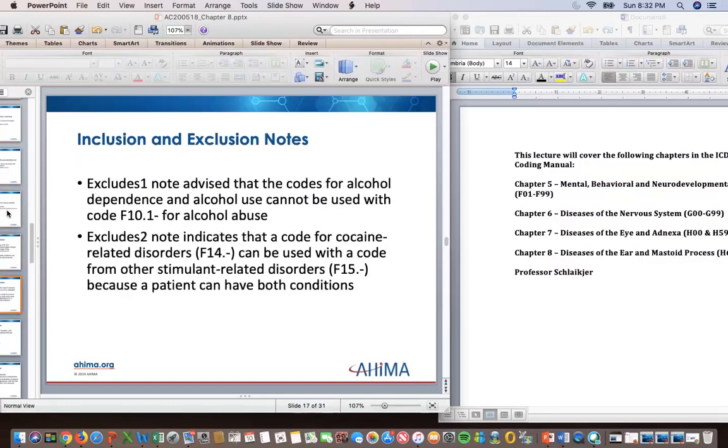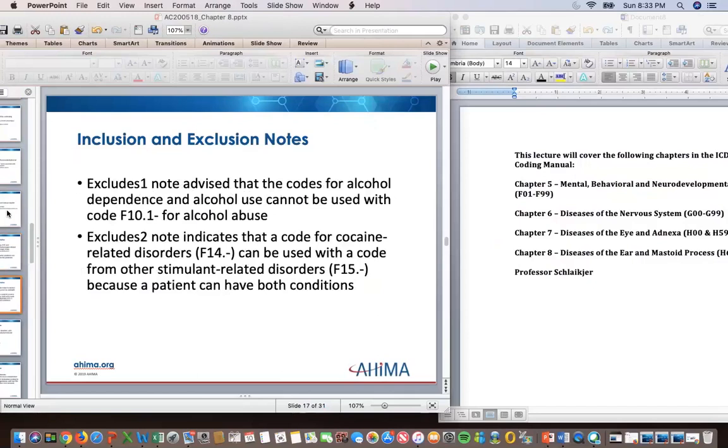We all know and should know by now what inclusion and exclusion notes mean. And as I've mentioned before, if you are unsure of that, you should return to the very beginning of your coding manual, where they talk about the conventions and the format, and they will tell you exactly how you are to utilize the Excludes1 and Excludes2.